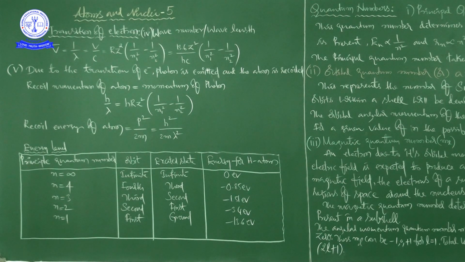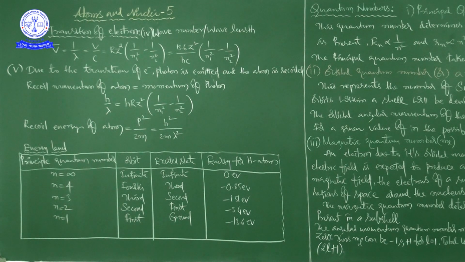V is equal to C by lambda, so lambda is equal to... C is equal to nu into lambda. That is what he has written clearly here.